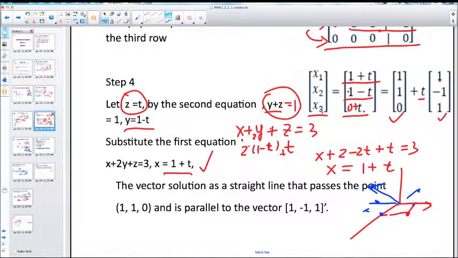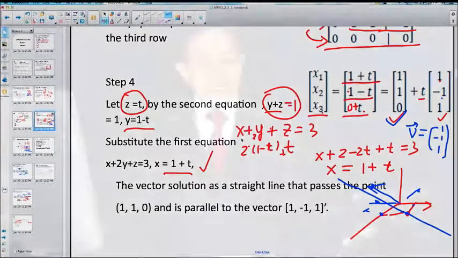So you really get a straight line like this, passing the point here and parallel to the vector v equals 1, negative 1, 1. So you got infinitely many solutions, but all the points stay on a straight line.